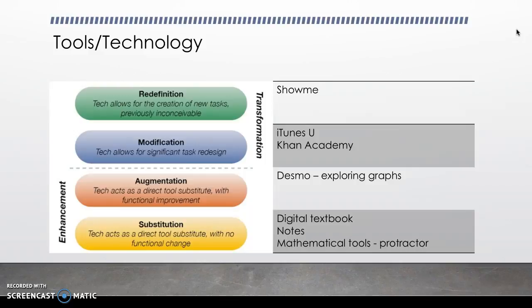At the substitution level, for example, physical textbooks can be replaced by digital textbooks, and students do not need to carry all the various textbooks to school, or even teachers can select certain chapters in the textbook that are relevant or they prefer, and get the students to download that section of the textbook.